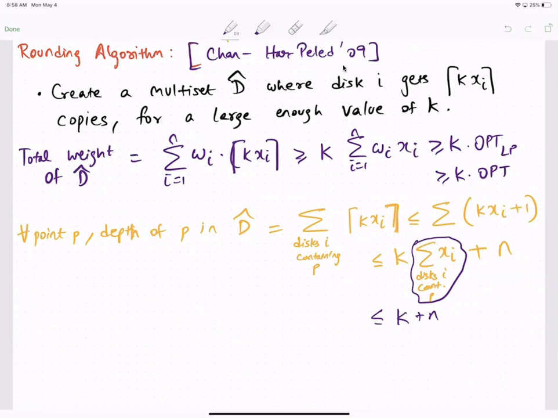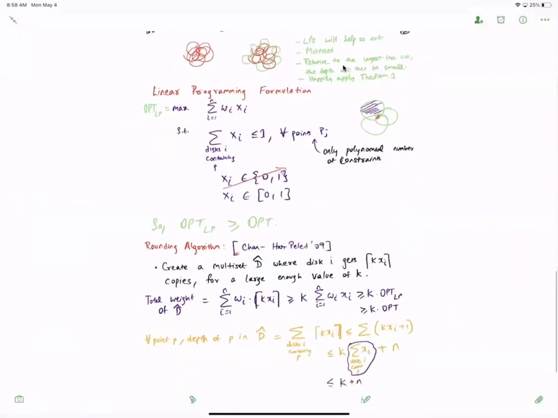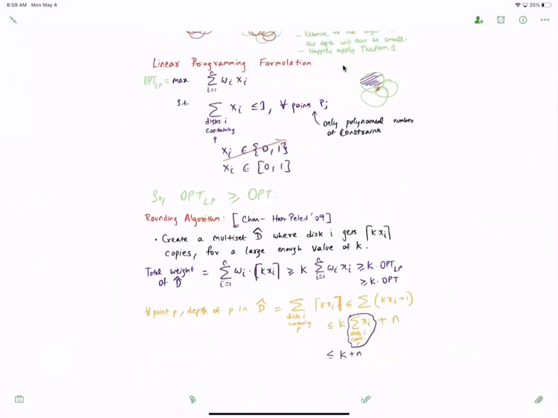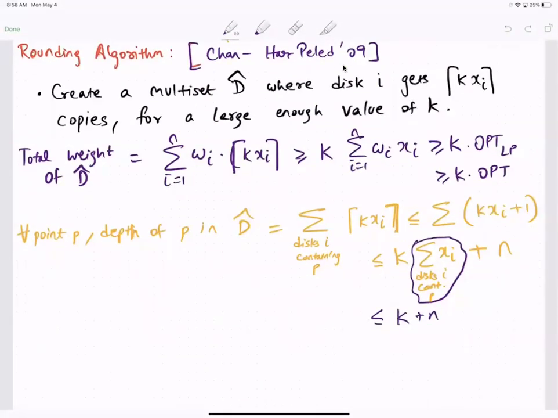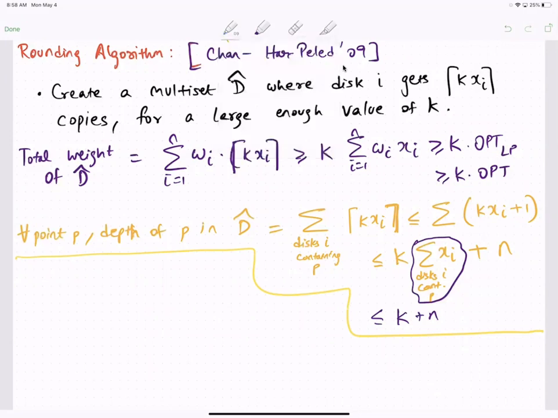Okay, so now I'm saying on this you can apply theorem 1, right? The theorem 1 that we were talking about, now we are in a good situation to apply it. Let me do it here itself so that you can see everything in one place.